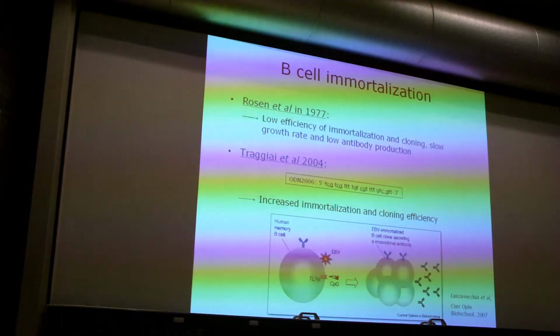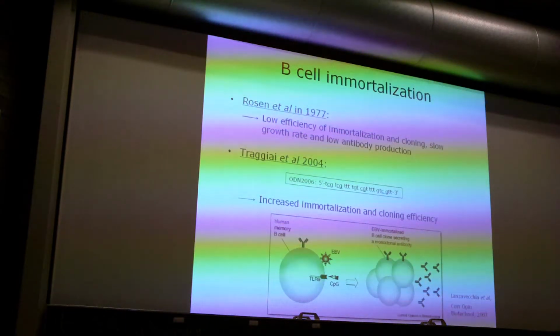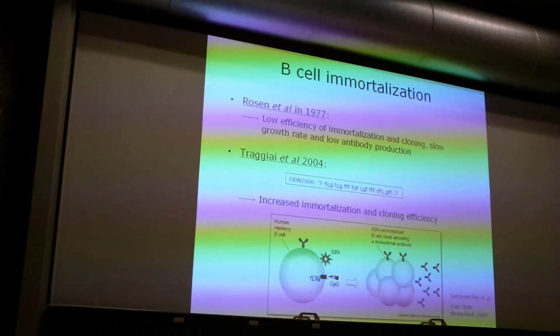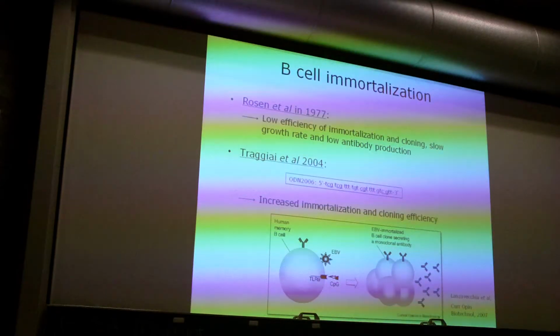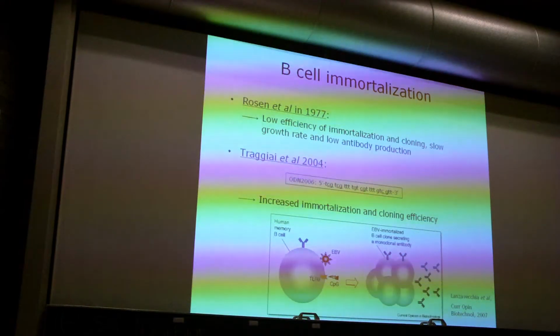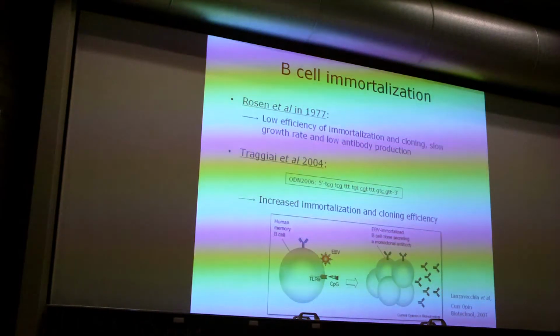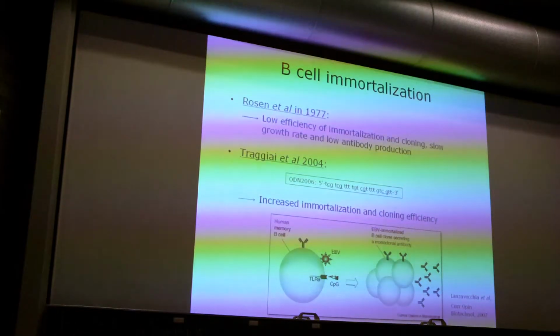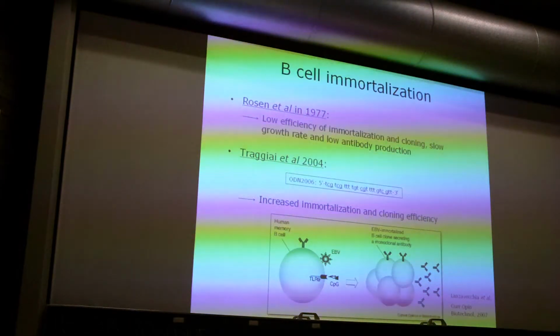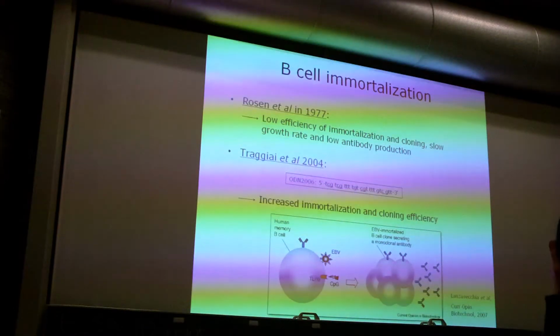In any case, you can do the same thing by incubating B cells from a patient or from a donor with Epstein-Barr virus, and then this might lead to an immortalized B cell clone. To make that efficient, you need a trick. You need to activate those B cells with a piece of DNA, CpG, so it's unmethylated bacterial DNA.